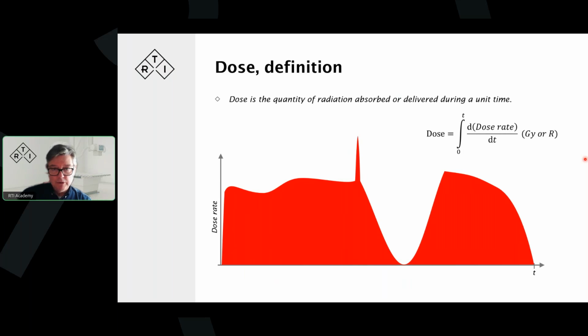It won't be able to read the whole bump, the whole short event right here, because the response time of that system may be too long. So it may not be quick enough.